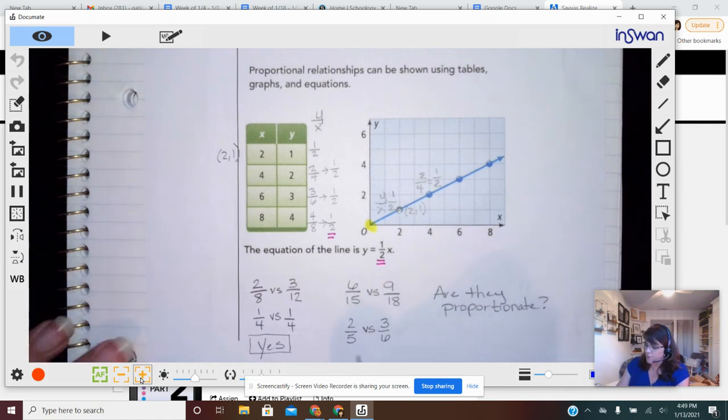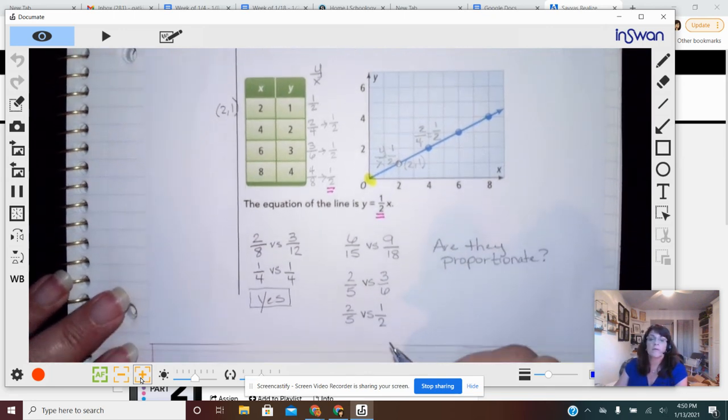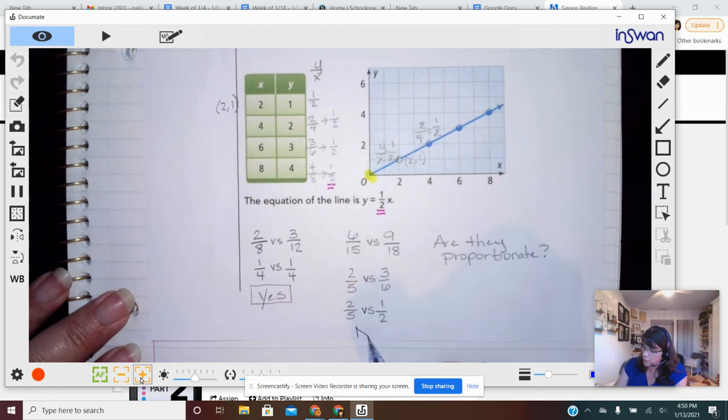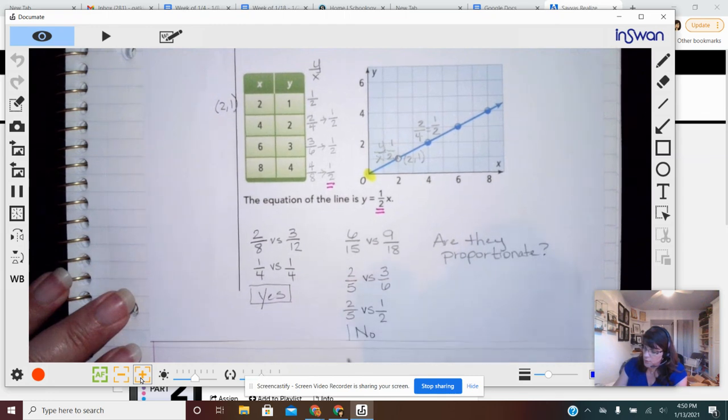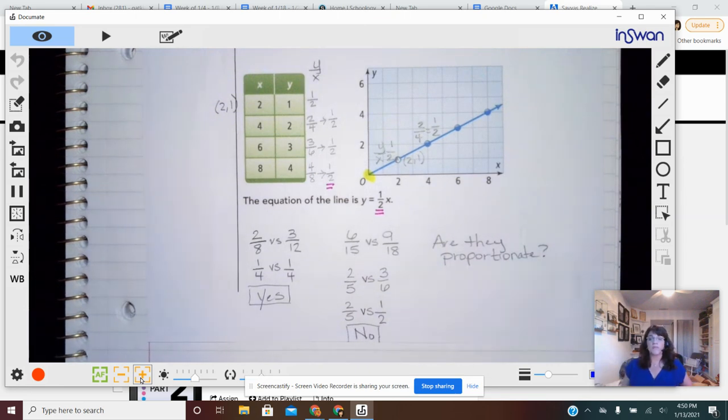Oh, I can go even further. 2/5 versus 1/2. No. They're close. Okay, but 2/5 is not the same as 1/2. They are not proportional.